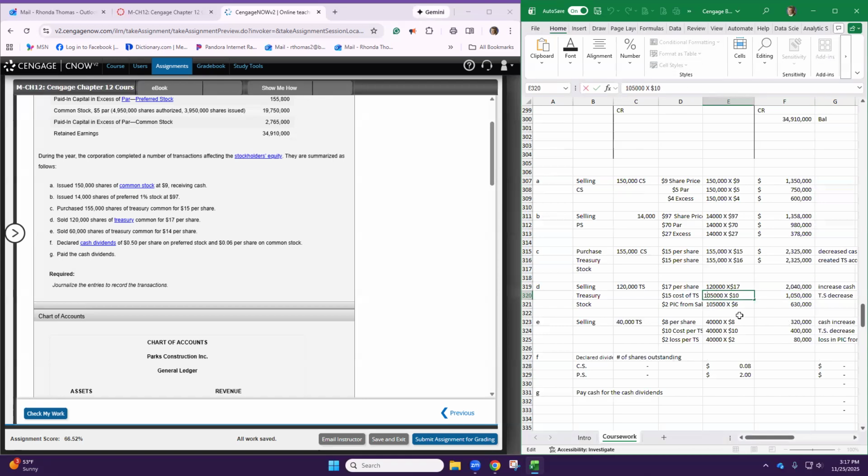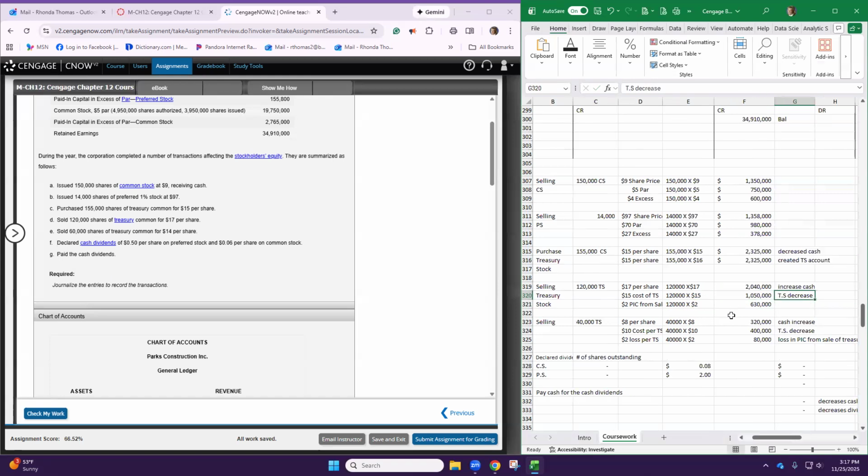And then we want 120,000 shares at what it cost us, which was 15. And then 120,000 shares times the $2 extra we're bringing in. And that's from the sale, paid in capital from the sale of treasury stock.